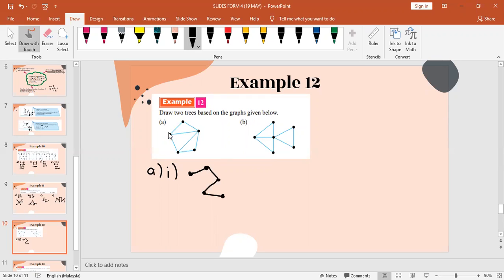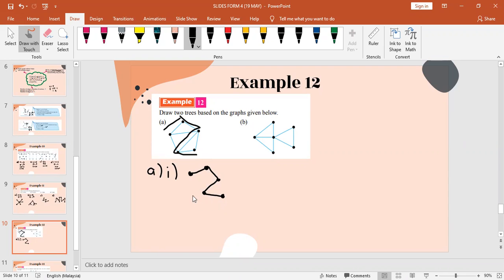So it takes this, 1, 2, 3, and then this one. 1, 2, 3, 4. When we take it out, it is a subgraph. A subgraph is part of the graph or the whole graph that is redrawn. So we have 1, 2, 3, 4.